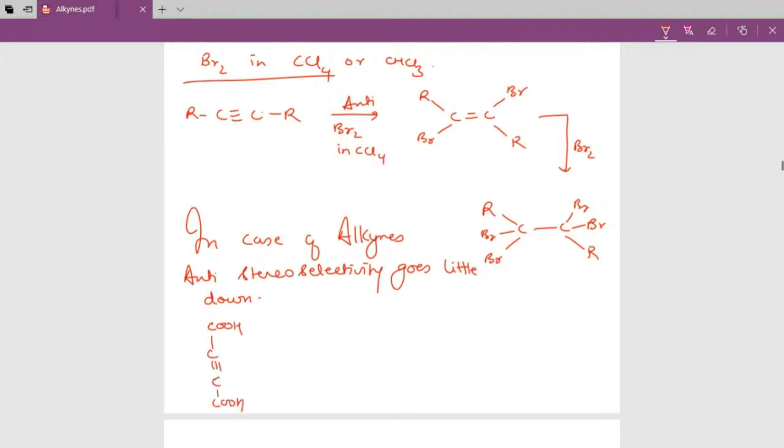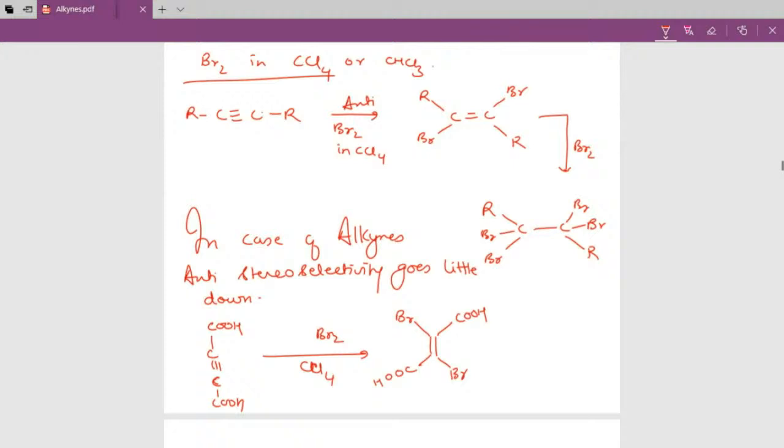This particular alkyne was subjected to reaction with bromine in CCl4. If I assume that it is very particular about trans, then I should have had this as a much major percentage.